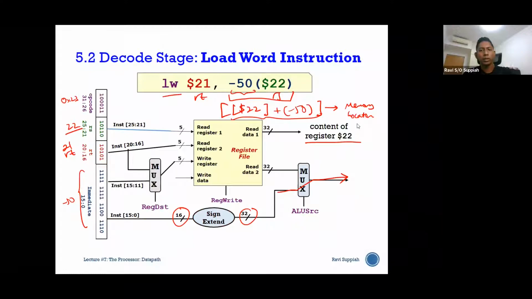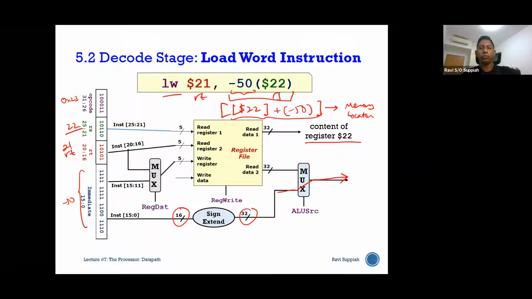For the load word instruction, this instruction specifies the operation where we want to take data from a memory location and move it to an internal register.